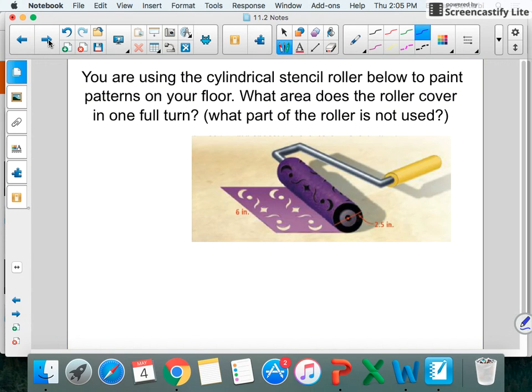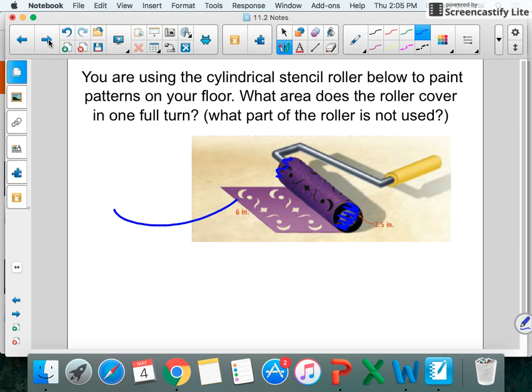And then lastly, we have a cylindrical stencil roller below, and it's going to paint the floor. If you notice here, the 2 bases do not touch the floor when you're using a roller. So we're going to just use our lateral surface area.